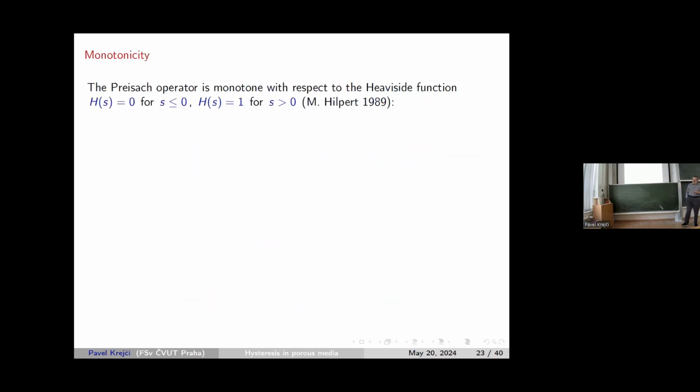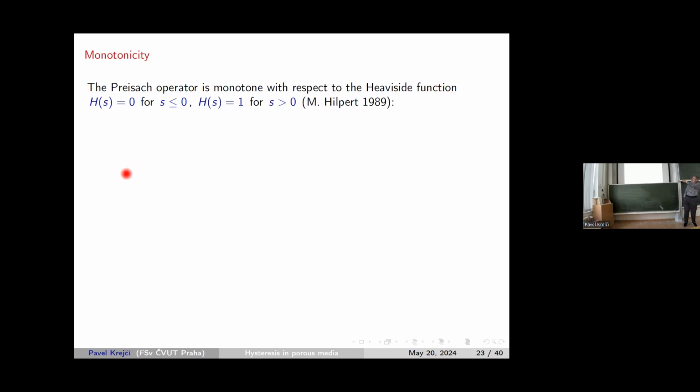Now, there is one property that I will use several times, a kind of monotonicity. The play operators are naturally monotone because they are solution operators of a monotone relation. But the Preisach operator is a nonlinear superposition of the plays, and it is still monotone, but only with respect to the Heaviside function.